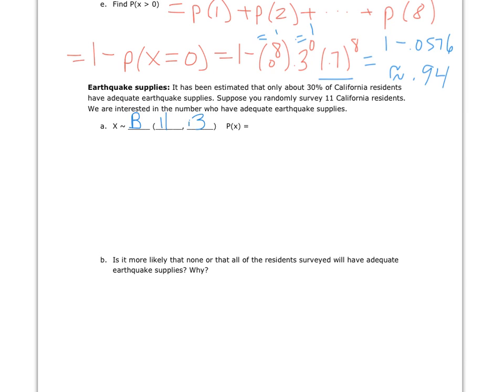So we can write down the PDF formula. Just keep in mind that this is only going to work if we've got values of x from 0 to 11.